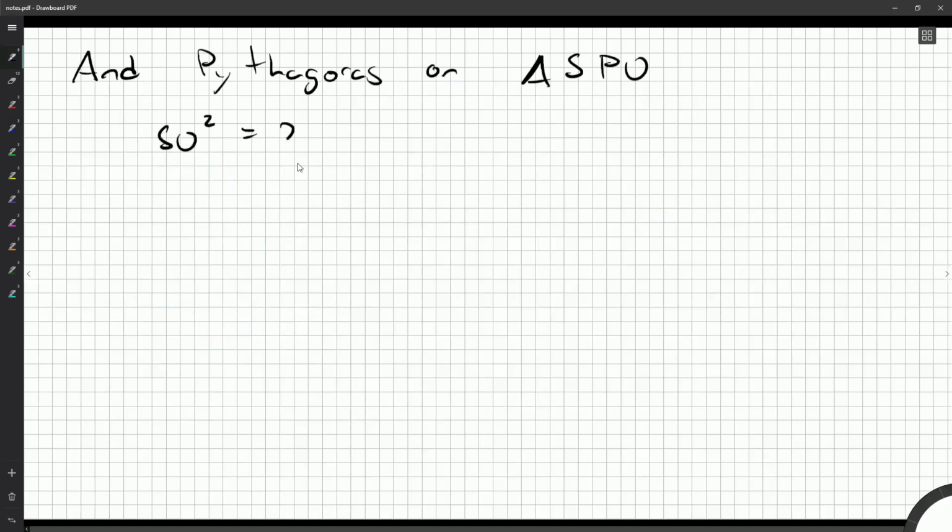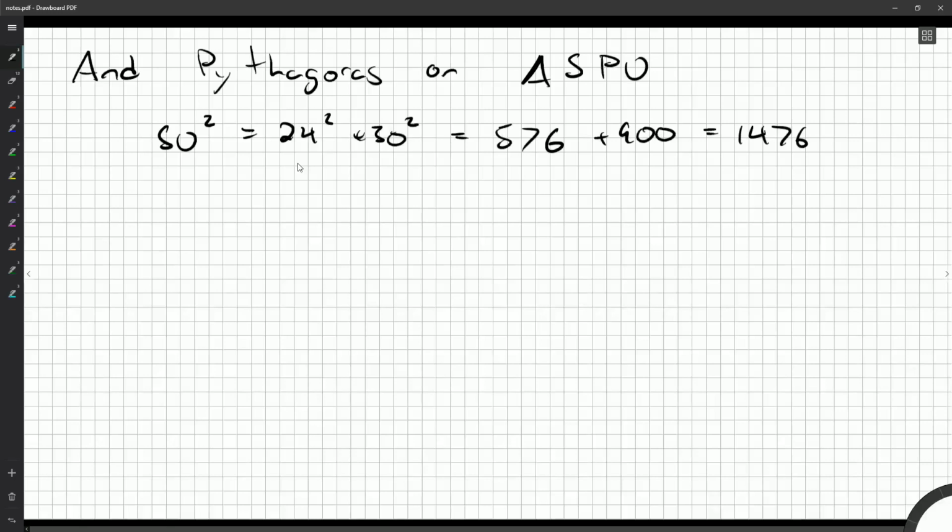So in triangle SPU, SU squared is 24 squared plus 30 squared. Again, if you need to, get out your calculator. That's 576 plus 900, so that's 1476.